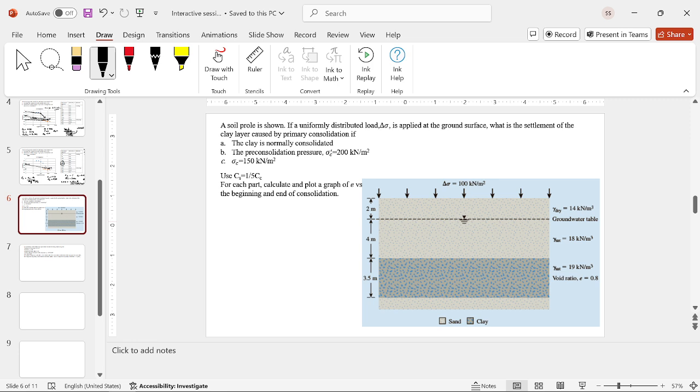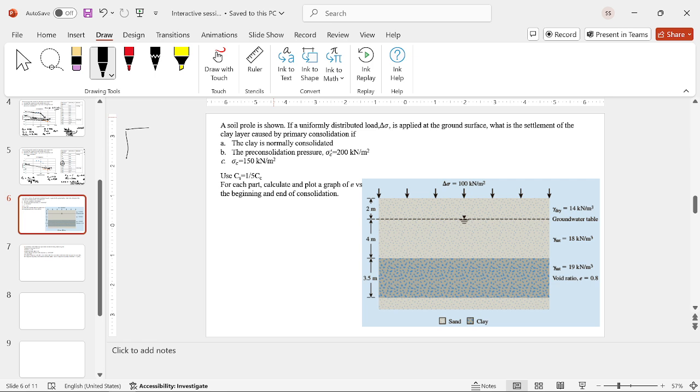Okay, now we are talking about primary and secondary consolidation. As you have studied, primary consolidation is due to change in void ratio, as we discussed earlier.